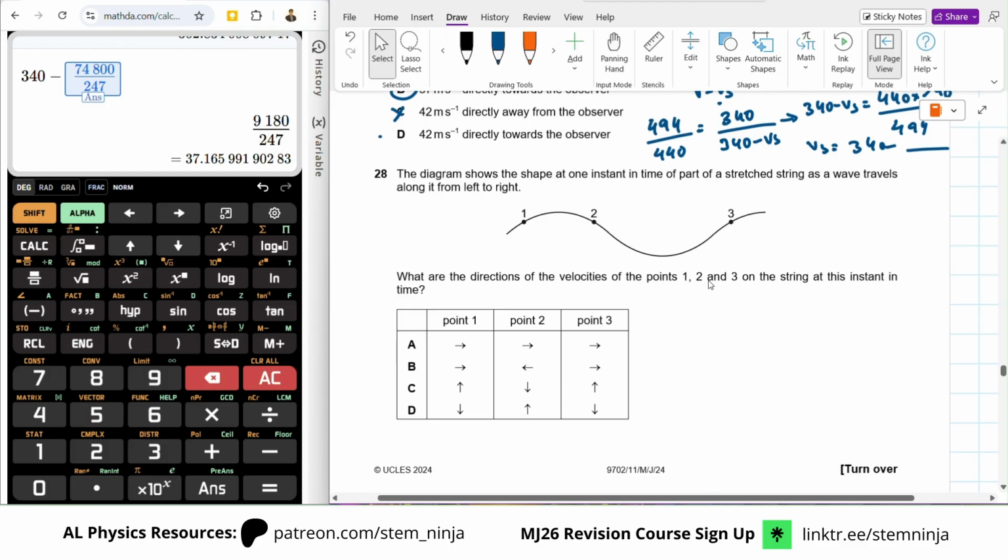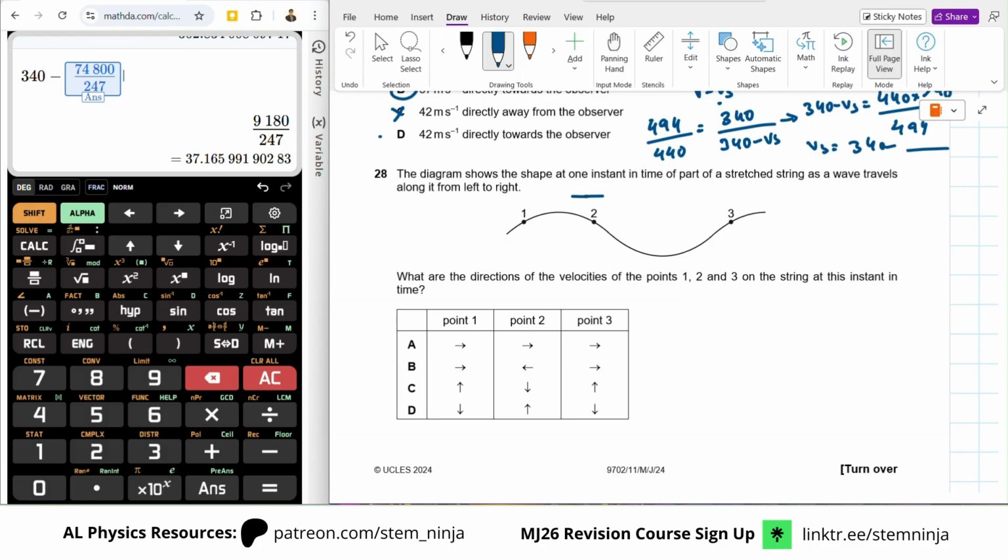The diagram shows the shape at one instant in time of part of a stretched string as the wave travels along it from left to right. What are the directions of velocities of points 1, 2, and 3 on the string at this instant in time? Now, stretched string as a wave travels along it from left to right.